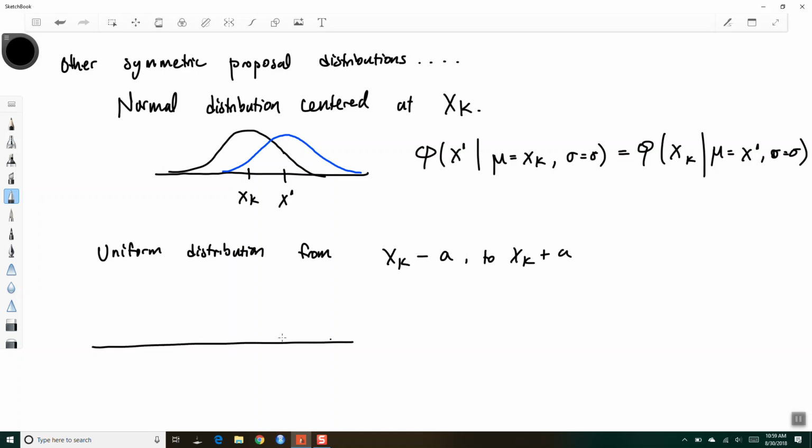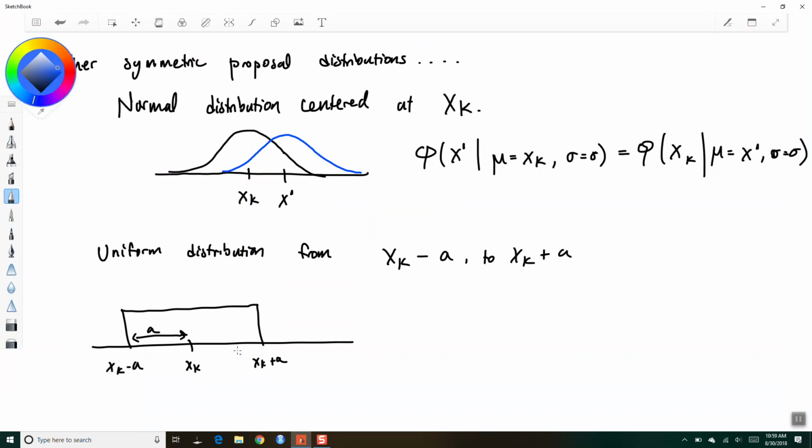So if you imagine you have some xk and you go xk plus a and down to xk minus a, some arbitrary distance a, then the probability of proposing a new value x prime will be the same, right?